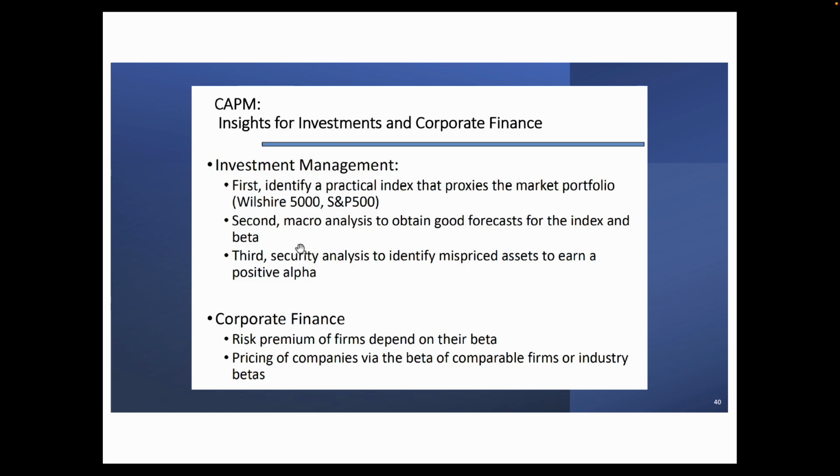And then the third part in security analysis is about trying to identify alpha. So there I like to think about Warren Buffett, right? He likes to think about different investment prospects he looks at. Does he think the firm is currently undervalued? In our language, does he think the firm has alpha? And if it has alpha, then he thinks I'm now buying, so over time the market will realize that it's a positive alpha firm.